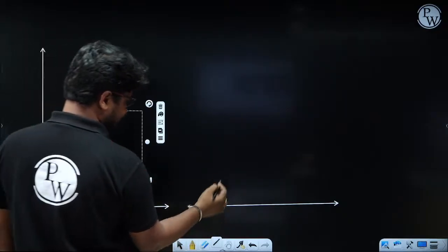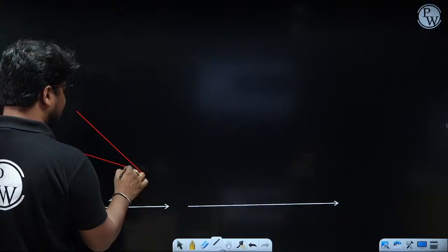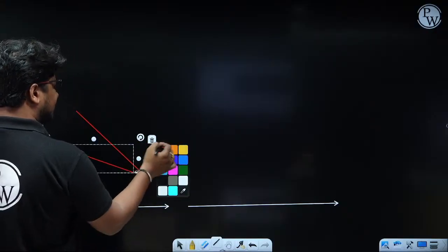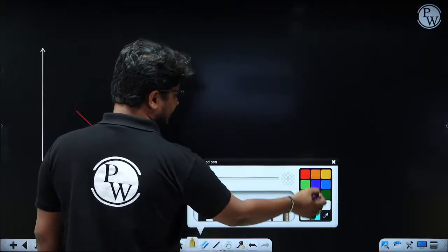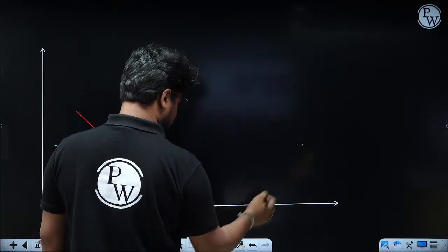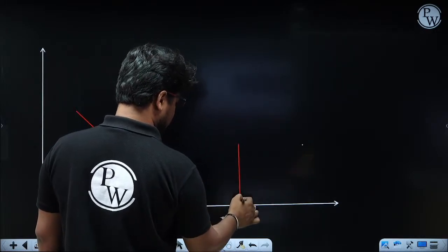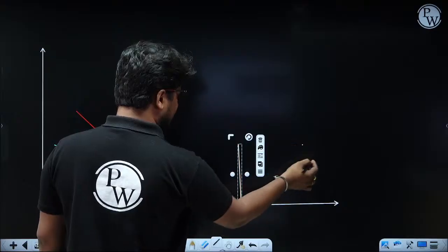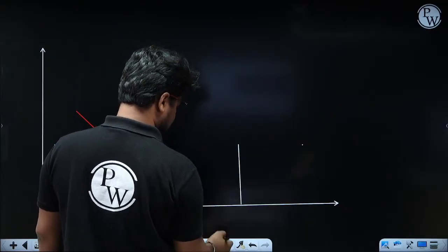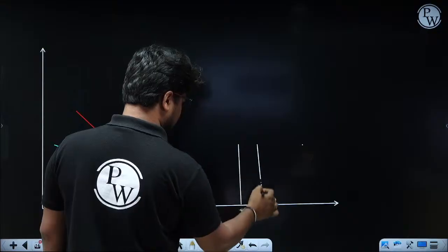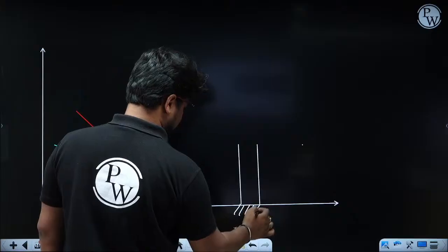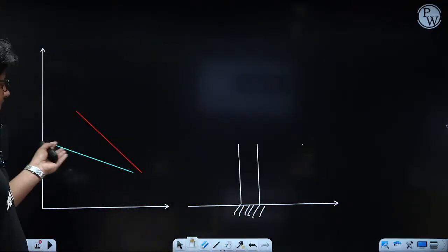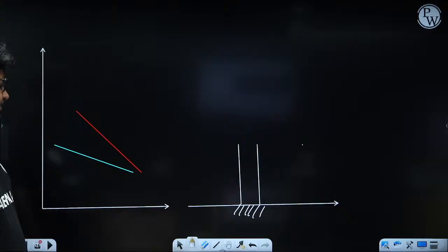First case. I will just draw the lines and you will tell me which case this is. As you can see here, the ELR line is having slope lesser than ALR.